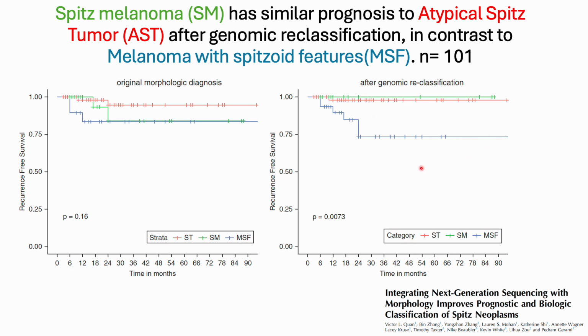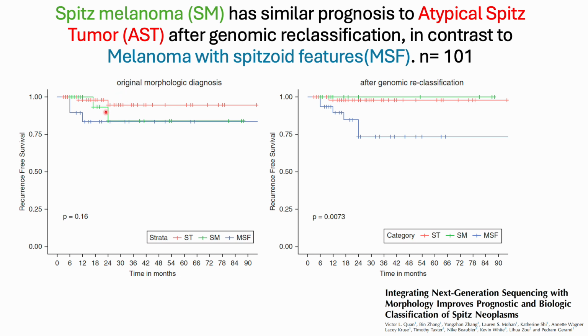However, these are not very readily diagnosable just by H&E. So this is the situation before using genomic data. So here you see the atypical Spitz tumour in red, and this actually has some recurrence, and that's because in this histologic category, there were mixed up some conventional melanomas with BRAF or NRAS drivers.